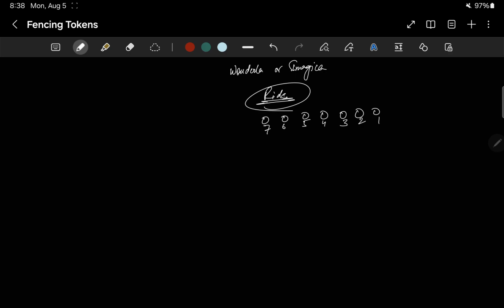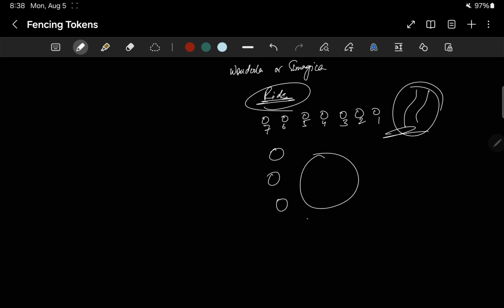So that's it. In computer systems, a fencing token is like that ticket. When different parts of the system need to use a shared resource, here the shared resource was that ride, the system gives fencing tokens with unique numbers. These tokens ensure that only the right part can use the resource at the right time, thus preventing confusion and keeping everything in order, right?